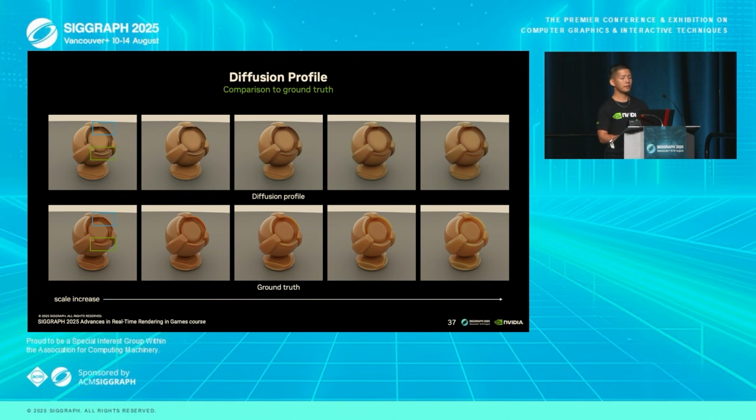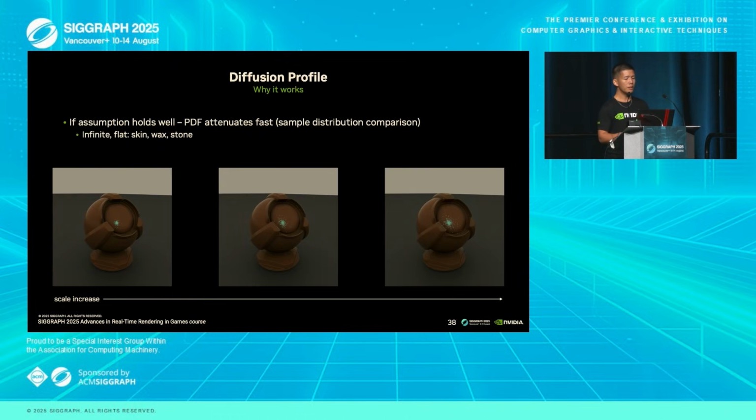When we compare against the ground truth, we see the diffusion quality degrades significantly with increasing scattering scale, even for simple materials and geometry. This is because diffusion works best when surfaces are locally flat and large compared to the scattering distance. But as you can see in these examples where the scale increases, the screen space samples, like I said, SSS, which are shown in blue, spread out and accuracy starts to decrease.